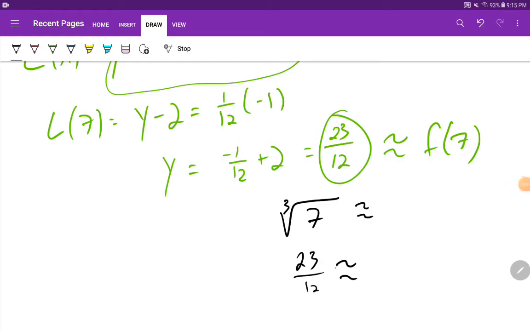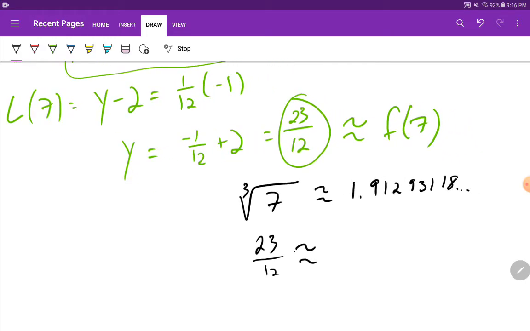Right, so I just punched this into my calculator, cube root of 7, and it spat out 1.91293118, and so on. Right under it, I punched 23/12 into the calculator, and I got 1.91 with the 6 repeating. So what just happened here?